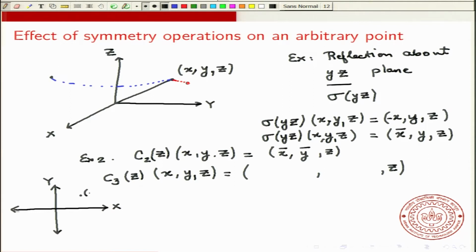So, if there is a point with coordinates x, y, z, then after rotation by 60 degrees, you can see what happens. You will have this point and you rotate it by 60 degrees, you will get some point that is this way. This looks much larger than 60, I should take slightly smaller. So, you take something like this and you will get a new point that is located right here.